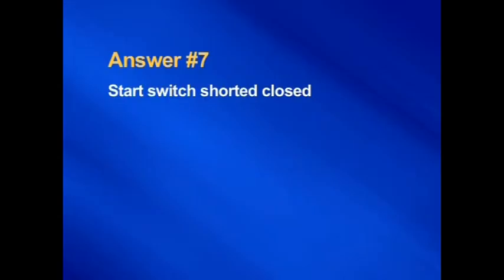It's highly unlikely. To determine for sure which way the problem was, you would need to isolate the components in question and read them with an instrument with the wires disconnected. And it seems unlikely that both auxiliaries would be bad. Start switch shorted closed. That's that.